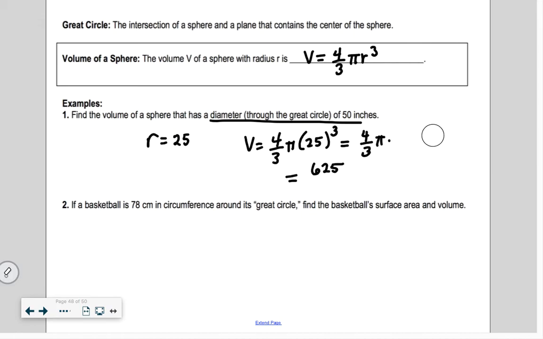The 25 cubed was not this number. It's 15,625. So I get this over 3 pi. So 62,500 over 3 times pi. If you wanted to find all that and then multiply pi in, it would be around this. If I talk about the amount of air in the ball, that would be a volume. Like this many cubic inches of air.